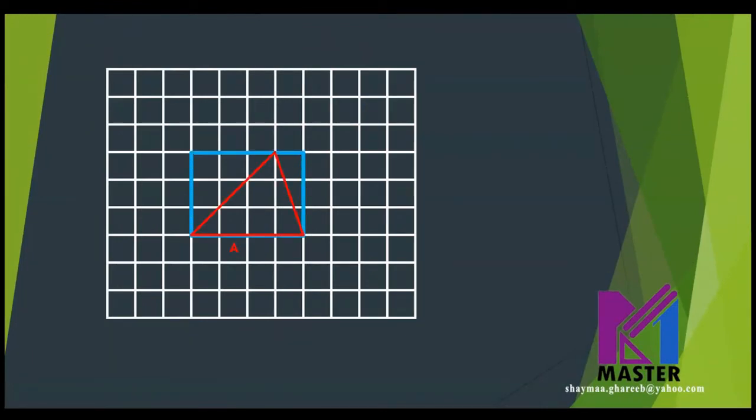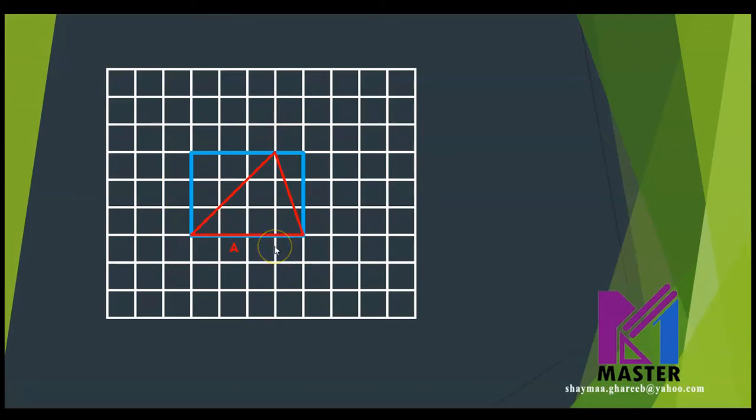In all the previous examples, we cut the rectangle diagonally to get two identical triangles. But in this example, look at this side of the triangle. It's not the diagonal of this rectangle, and the other side is not diagonal either. So we didn't cut this rectangle diagonally to get the triangle inside it.